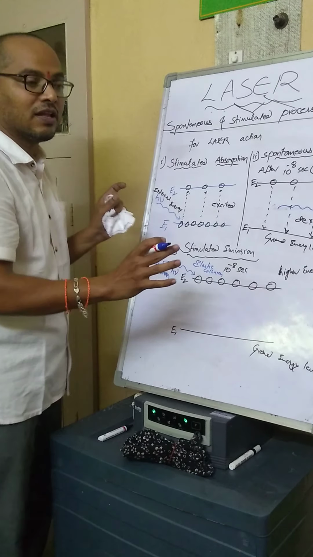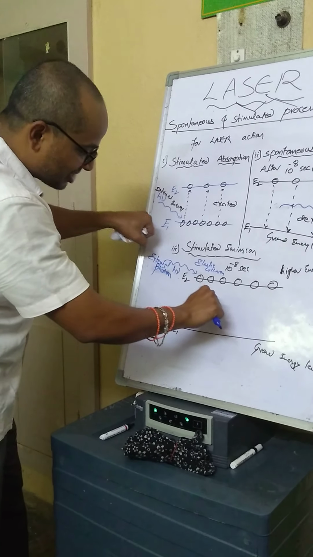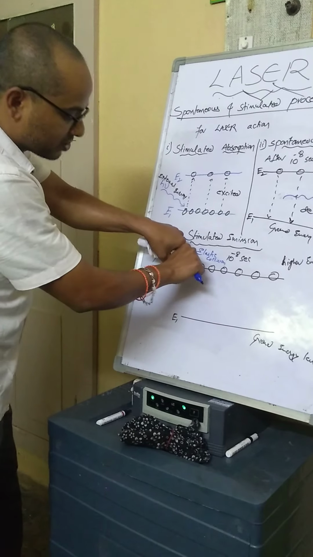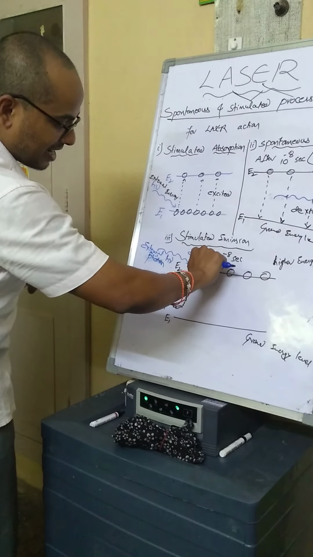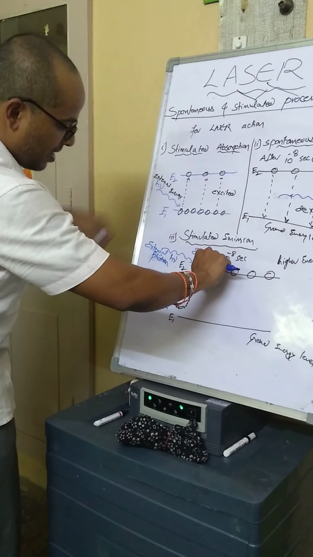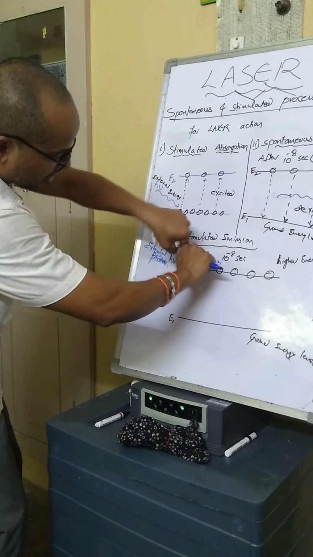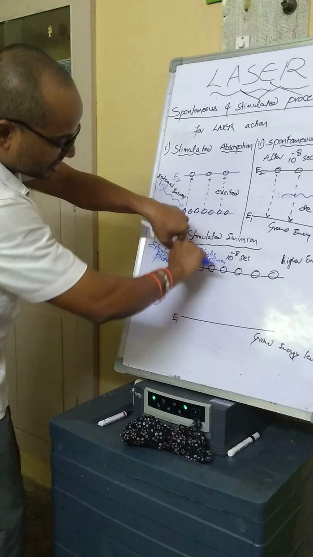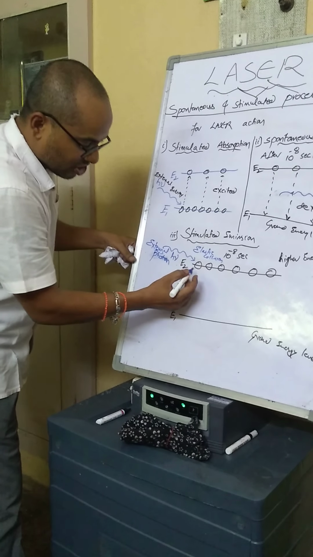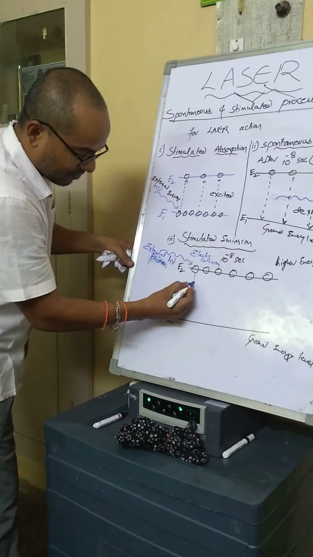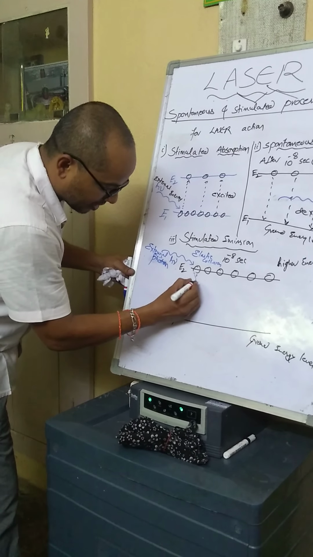Like when two elastic balls or two rubber balls are colliding, there will be no loss of energy. Here the atom is in the higher energy level, and I am supplying the photon. This external photon interacts with this atom like an elastic collision, and as this is purely an elastic collision, this higher energy level atom jumps back, or de-excites, to the ground energy level.